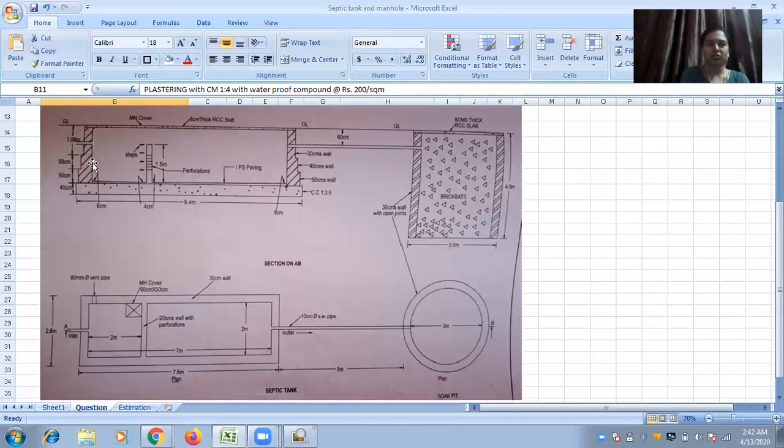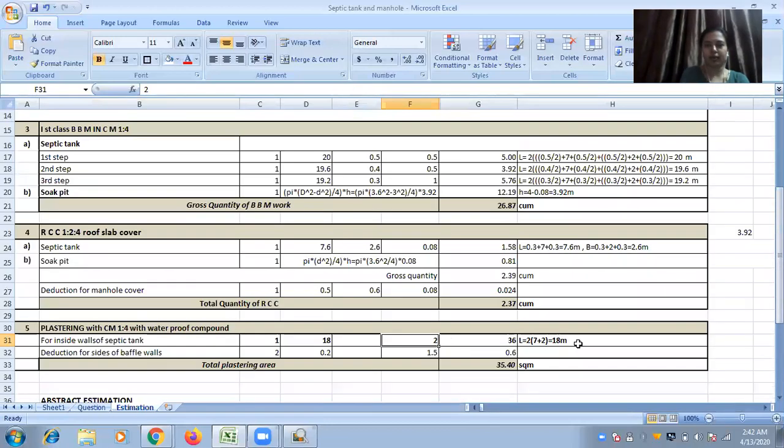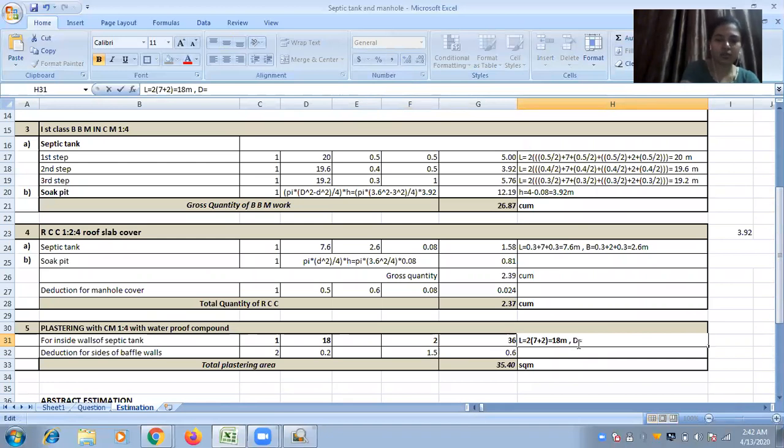So depth of this wall plastering will be only 2 meters. D is equal to 0.5 plus 0.5 plus 1, which is equal to 2 meters.